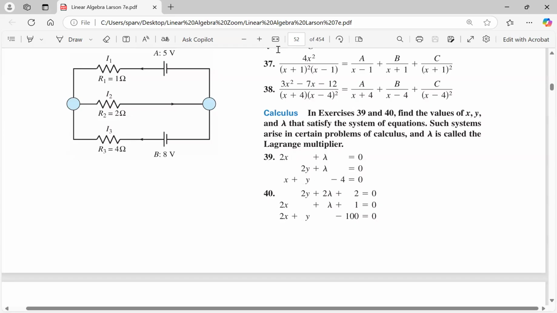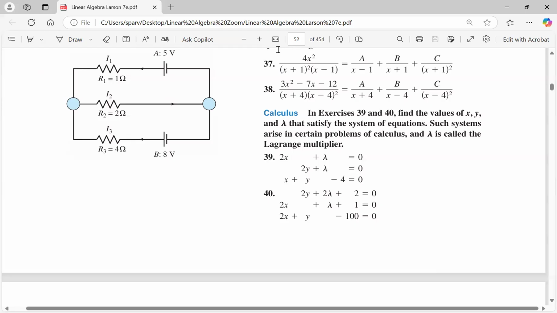Now, exercise number 39. So let me actually write this thing down. Okay. So number 39. I'm going to write the system down. I'll show you in a moment what I'm writing on my paper.